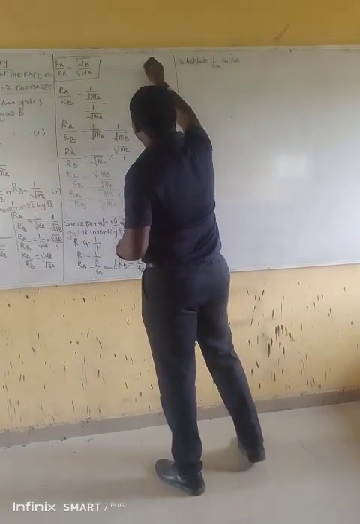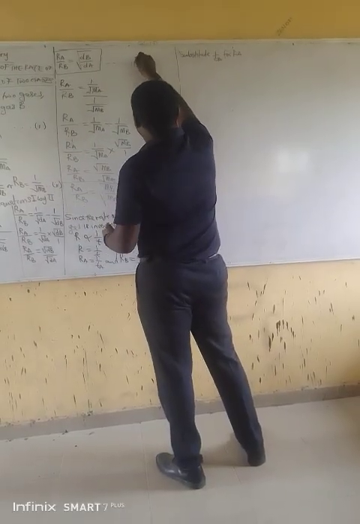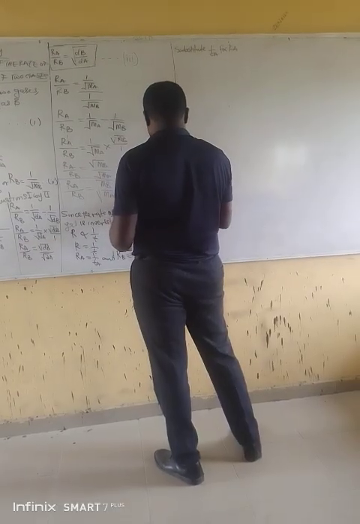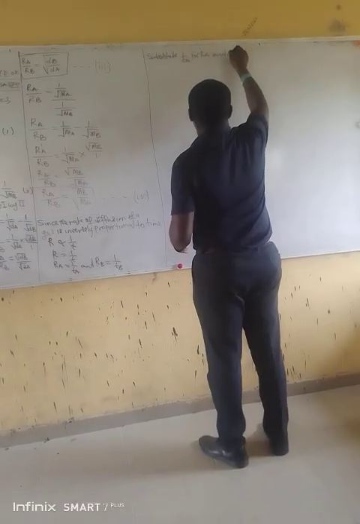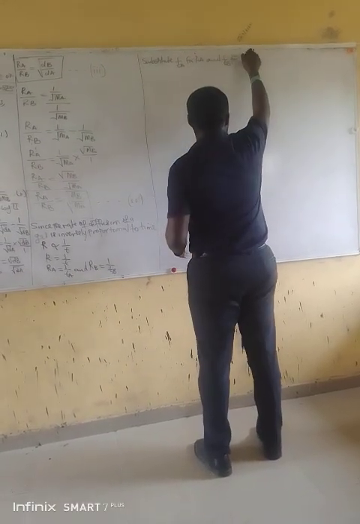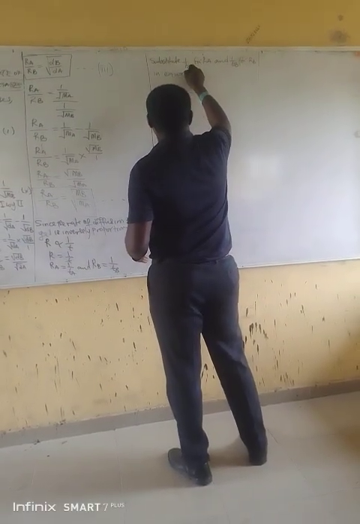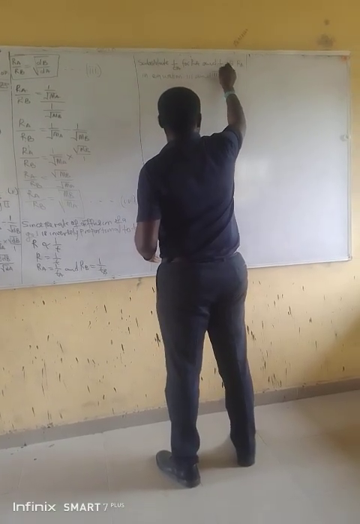Let me call this one equation 2, no, we already have equation 2 there. Let me call this one now equation 4. And 1 over TB for RB in equation 3 and 4.